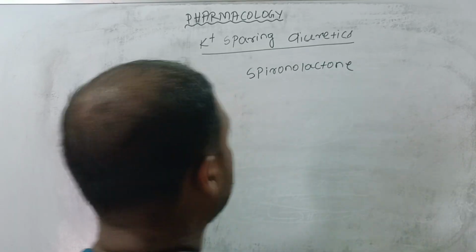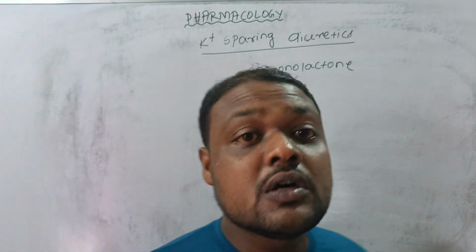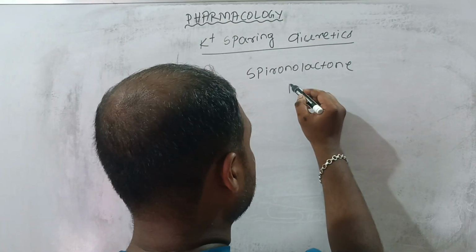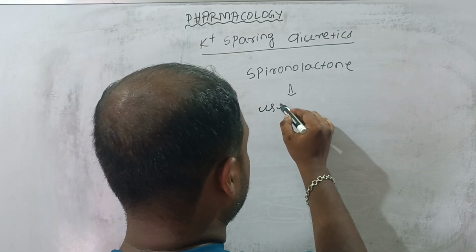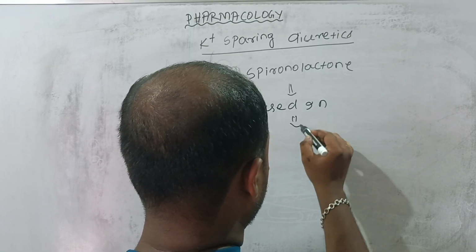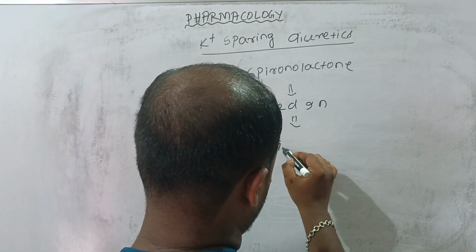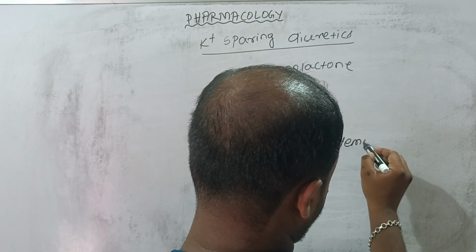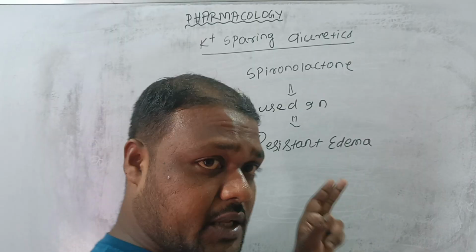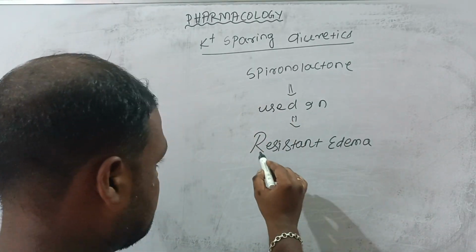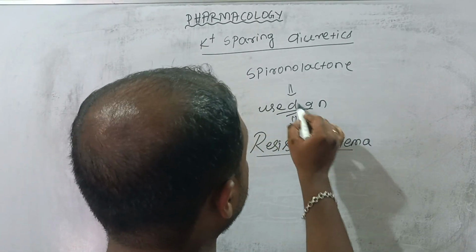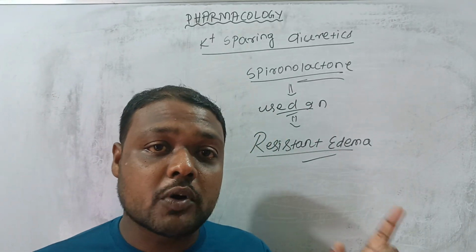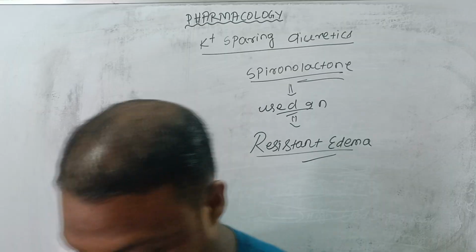Clear? Spironolactone is used in resistant edema. In resistant edema or long-term edema, we should use spironolactone. Spironolactone is the potassium sparing diuretic.